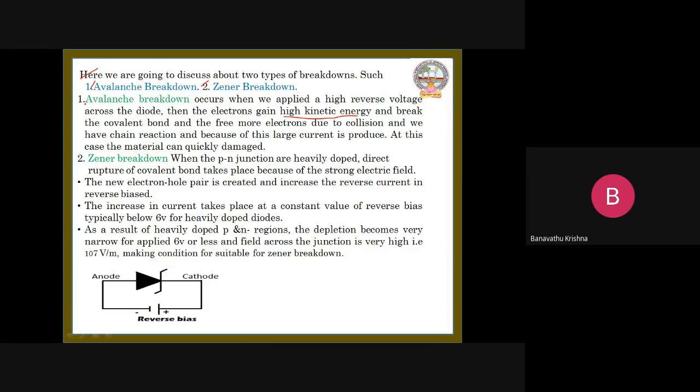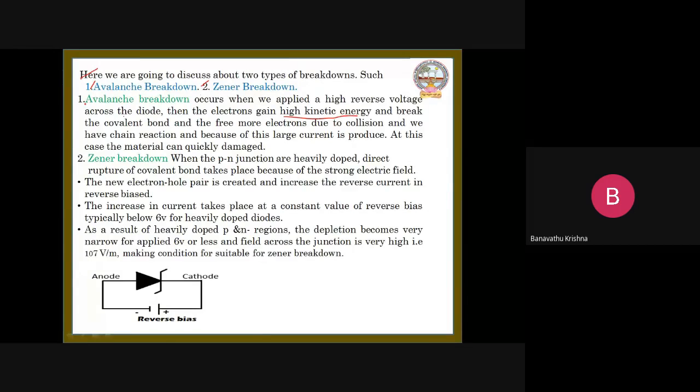Due to that kinetic energy, they disturb the outermost orbit electrons of the atom and dislodge the charge particles. Nothing but it is a collision process. Due to that collision process, the carrier concentration increases, and a large amount of current suddenly increases.